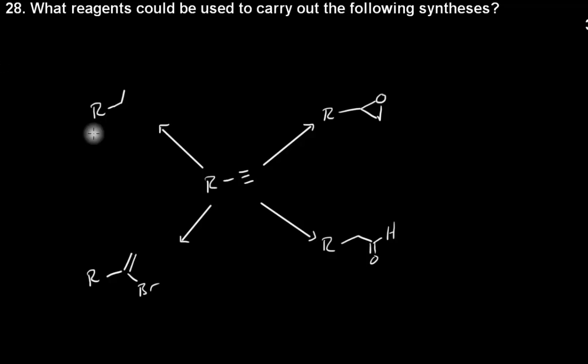For all of these, it's always good to either label or, if you have coloring possibilities, color carbons to make it easier to see where everything's going. The one thing to remember here is that this triple bond has two carbons, one that's orange, one that's yellow, the way that I've designated it.